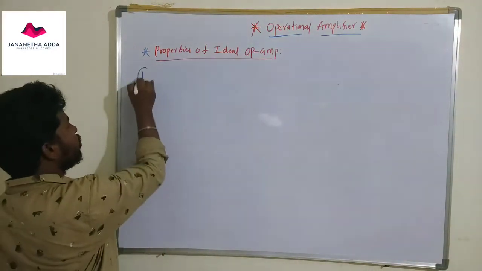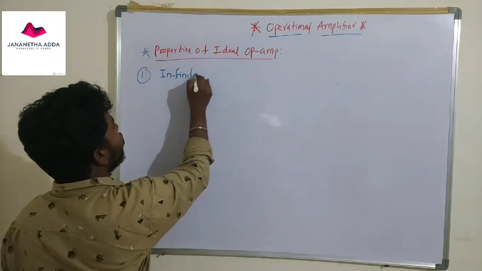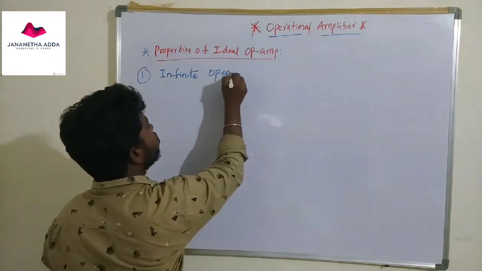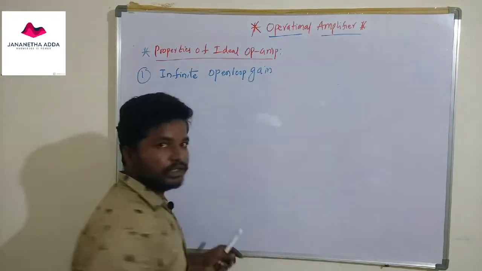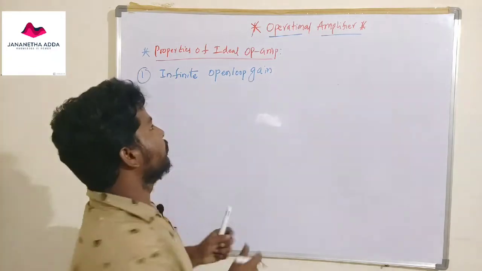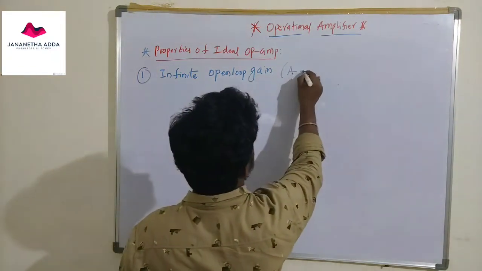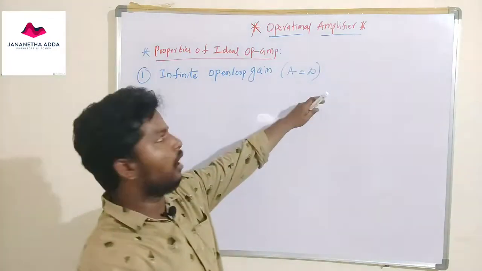The first property is that it has infinite open loop gain. This operational amplifier has infinite gain, that is A equals infinity. We will discuss the effects on an operational amplifier.